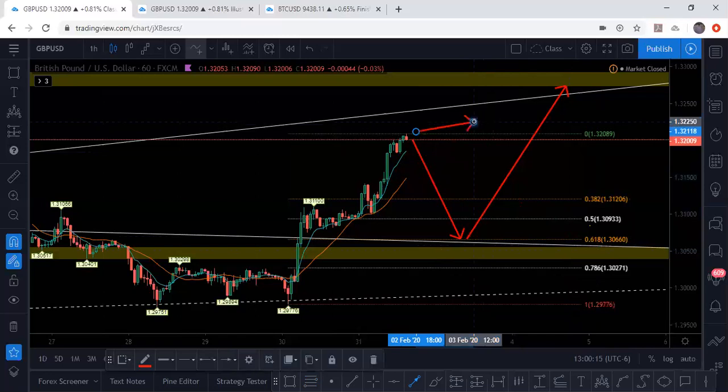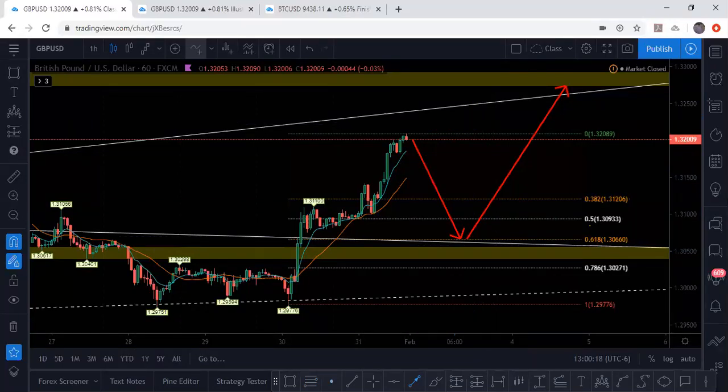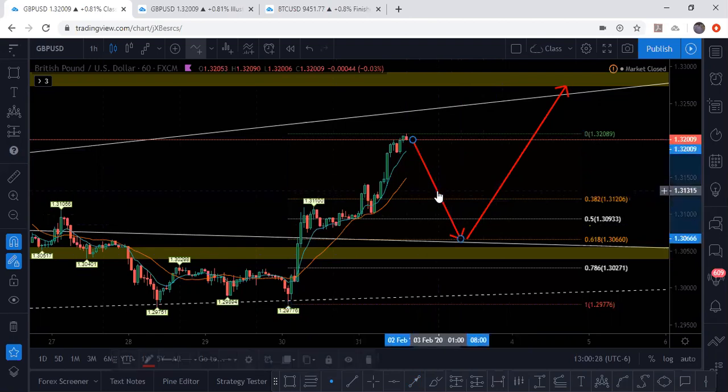We ride back up. And because GU moves a lot, this thing can cover this drop in a day. Like this is easy. 140 pips will cover it in a day. GBP USD, all GBP pairs really, are one pair.